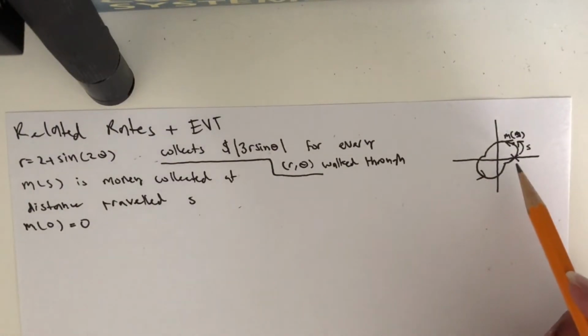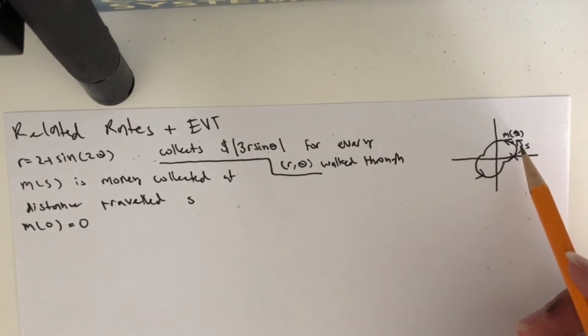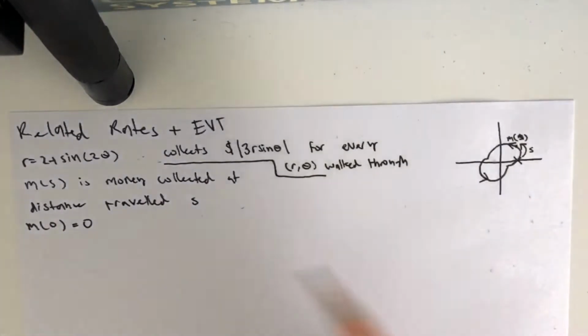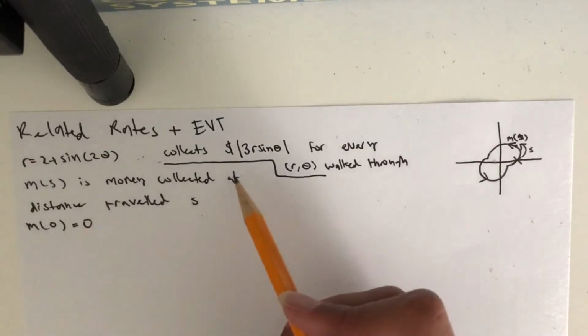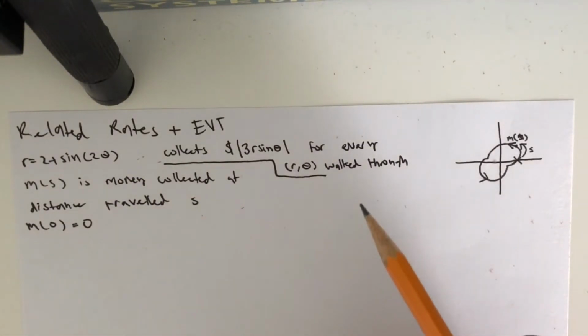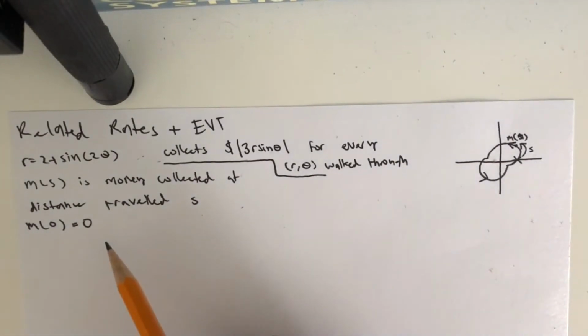He starts at 0 and he moves along, and for every distance s he travels, this is how much money he makes. So we can define a function m of s, where m is the money collected and s is the distance traveled. We are also given that he starts with $0.